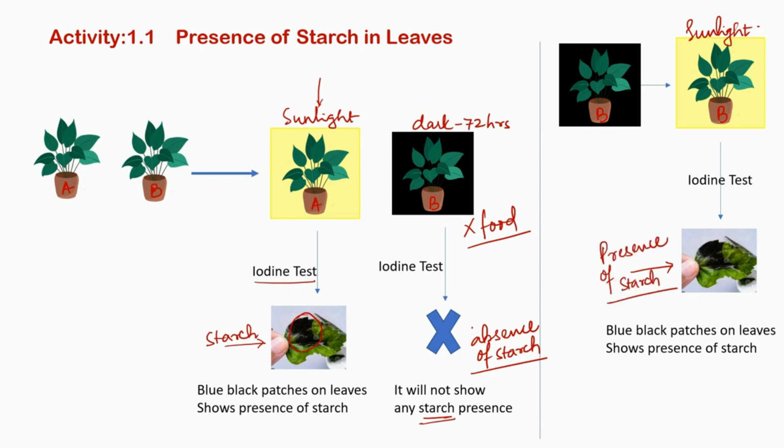Earlier, the same plant kept in the dark did not show any starch. After being kept in sunlight, it has shown the presence of starch. That means in the presence of sunlight plants make food, and without sunlight they cannot. Food means they make carbohydrates and store them in the form of starch.